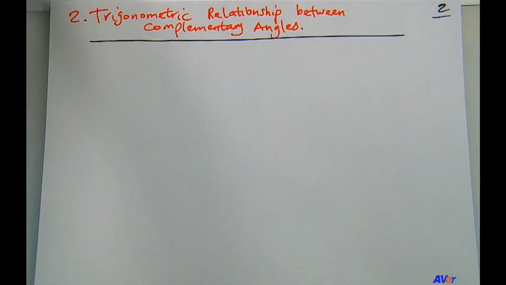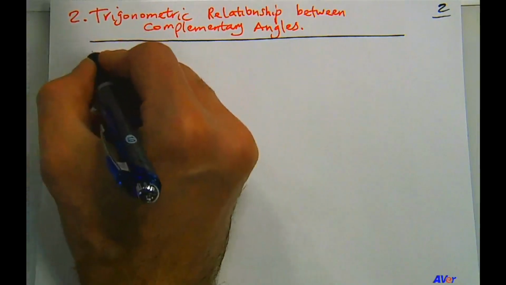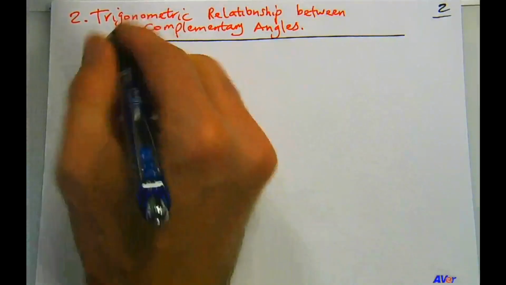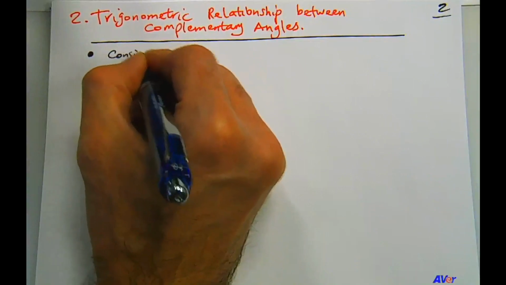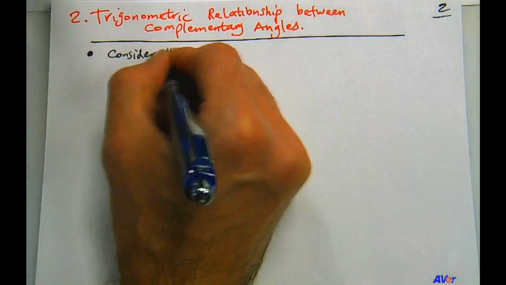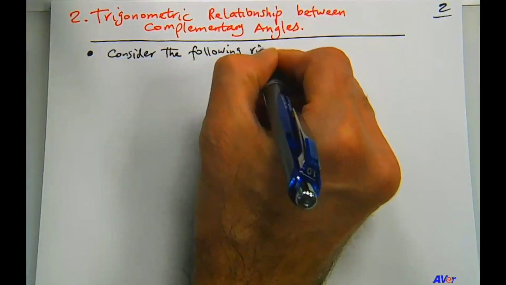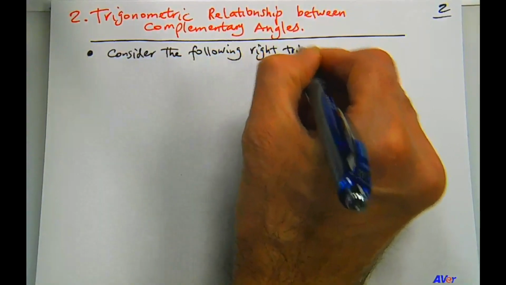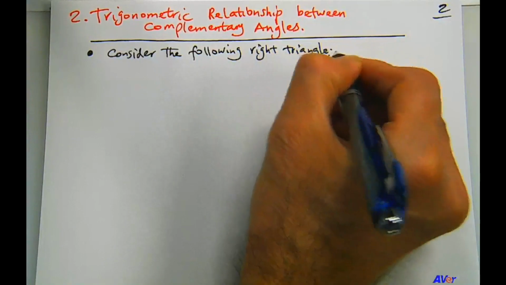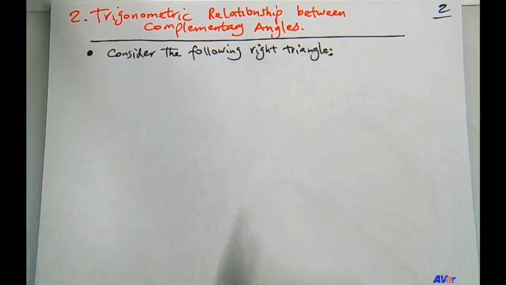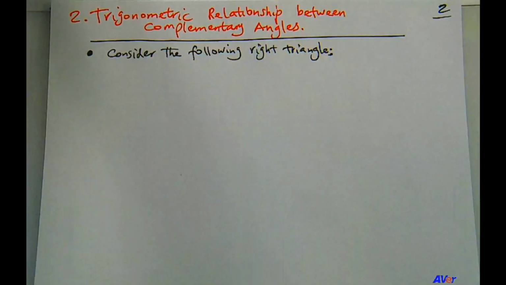So let's consider the right triangle again. It's always useful in trigonometry. So consider the following right triangle. Right? So let's draw one.